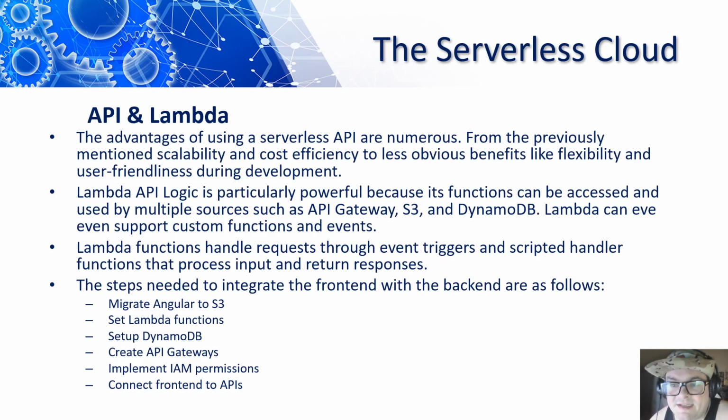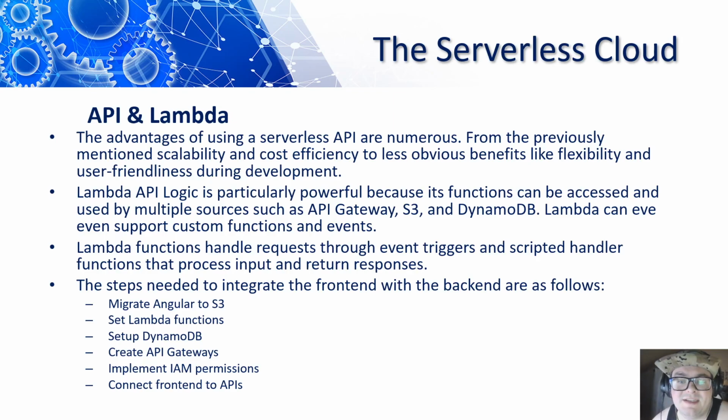The steps needed to integrate the front end with the back end are as follows. First, we migrated our Angular HTML to an S3 bucket. We then set up Lambda functions that accessed information inside that. We set up a DynamoDB for storing information. We created API gateways that would sort of connect a lot of these things together.